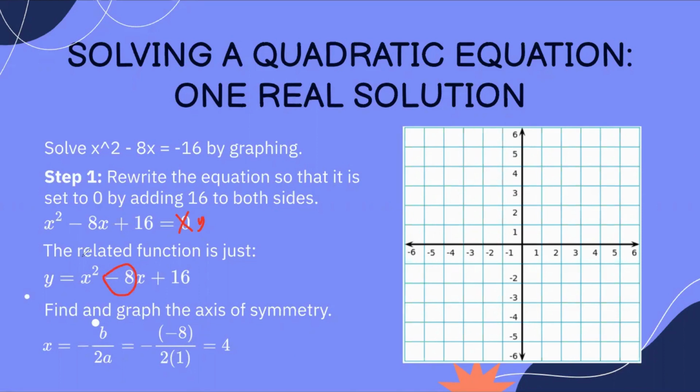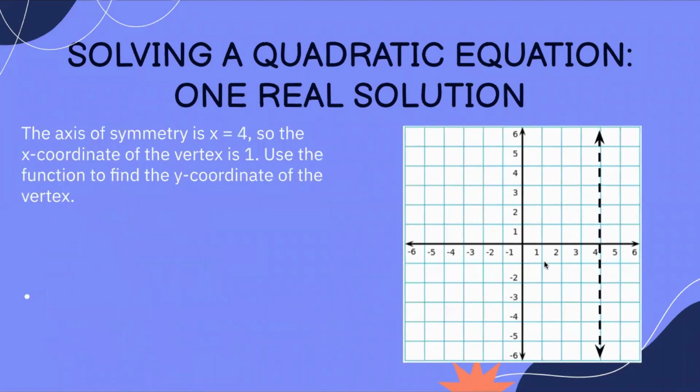And then over 2a, our a is just 1. So that would be negative times negative 8 over 2 times 1. These two negatives would just cancel one another out, so it's just 8 divided by 2, and that would give you x equals 4. And now you can go ahead and graph your axis of symmetry at positive 4.